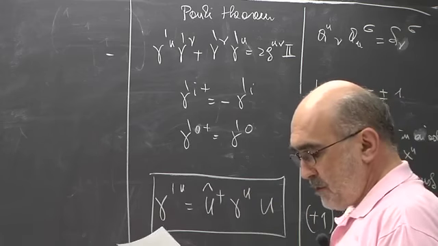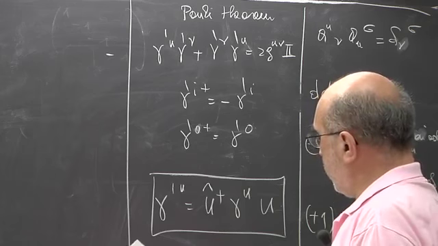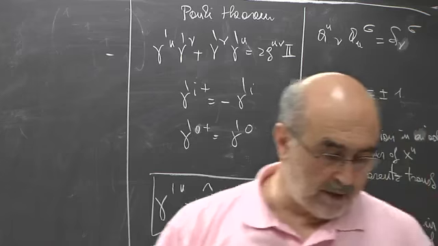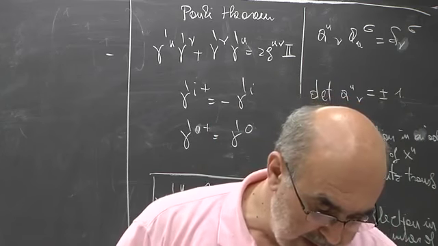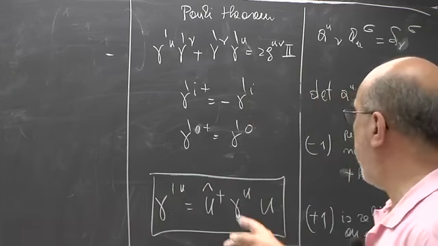They are related by a unitary transformation, where U dagger is equal to U to the minus 1. So the Pauli theorem says that whatever four matrices you choose, the gamma matrices are related in this way.